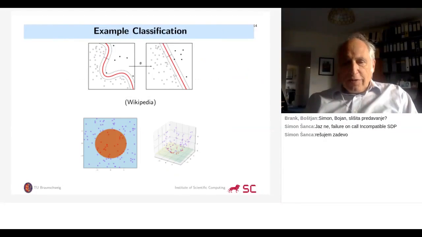So what does this look like? I think I have a little picture here for you to see this. I took this from Wikipedia. For instance, let's say you want to separate these hollow dots from these filled dots. So this red line would be something which separates this subset from this subset. The whole square is the set P, and this is the subset P1, and this is subset P2.